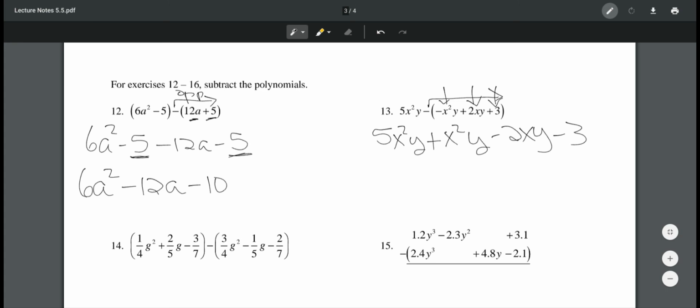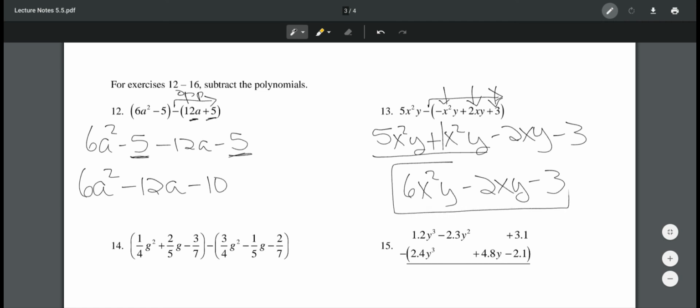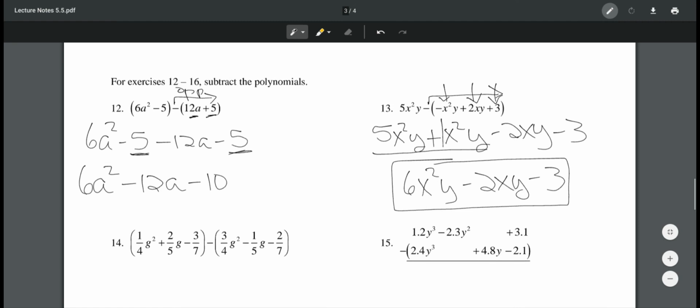Now, the only two terms that are like terms are the first two. They are both x squared y terms. So I'm going to add the 5 and the understood 1, and I'm going to get 6x squared y. I do not have another term with just x and y, and I'm going to write down my constant values. That would be my final answer for number 13.